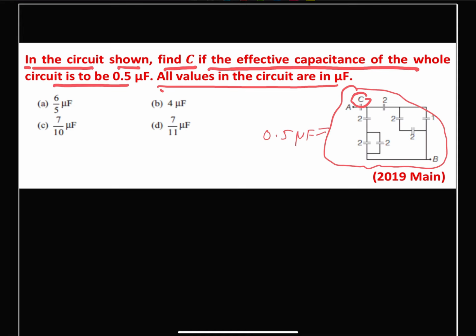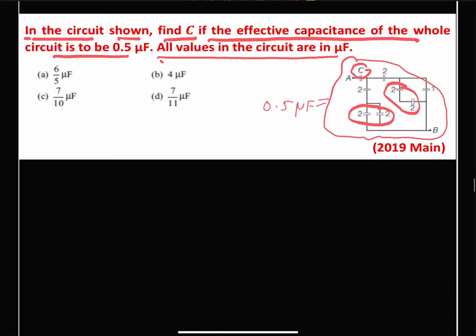From here we can see that these 2 and 2 are in parallel, and these 2 and 2 are in series. So we can just redraw the circuit, and this is our value of C. Here we have 2, and this will be giving us one capacitance, and here also we are going to get one single capacitor.